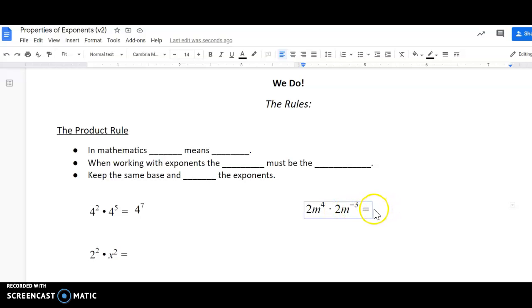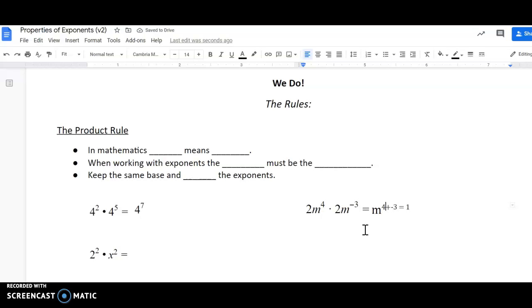We're going to keep the same base, which is an m. We're going to add our 4 plus -3. 4 plus a -3 would give us a 1.